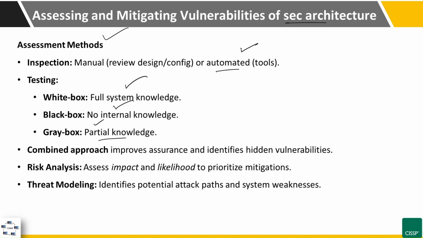For example, a third party audit team may be given some knowledge of the system that they are assessing or testing. So the combined approach of these improves assurance and identifies hidden vulnerabilities. Risk analysis is to assess impact and likelihood to prioritize the mitigation, and threat modeling identifies potential attack paths and system weaknesses.